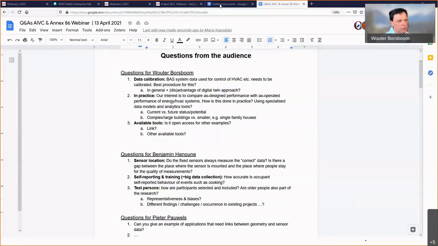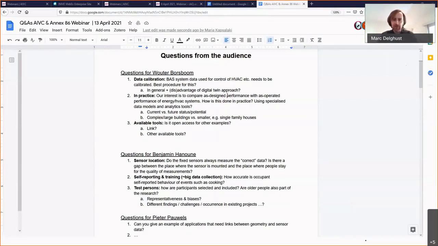And also what you want to predict: if you want to predict indoor air quality in a single room, or you want the ventilation flow for the entire building. So the answer is very in line with what Benjamin said. Really know what your goal is, and based on your goal, define your methods, both your sensors and your data approach.